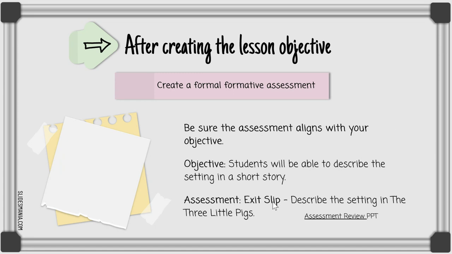And so here, for instance, the students will be able to describe the setting in a short story. That assessment could be very simple. Just doing an exit slip where the students, as they're leaving the class, have to give you an exit slip that describes the setting of the 3 little pigs. Post-it notes are your best friends.